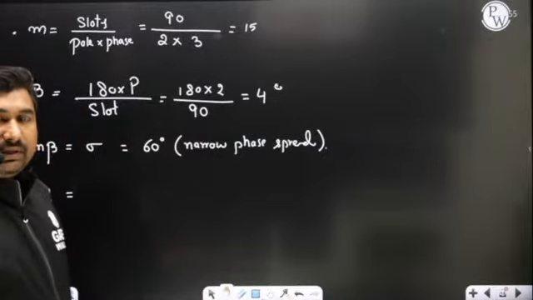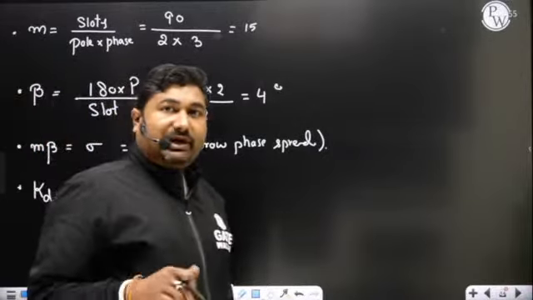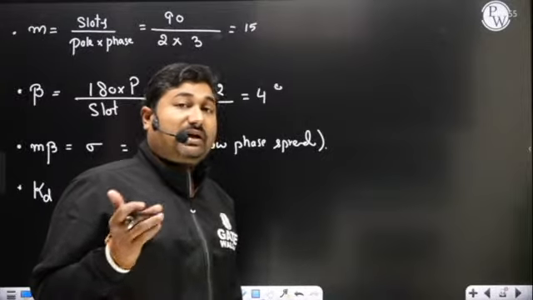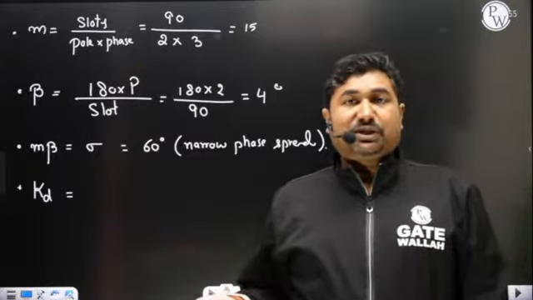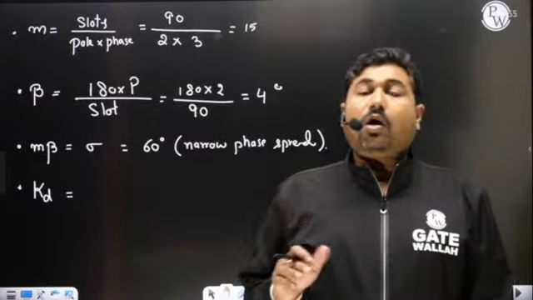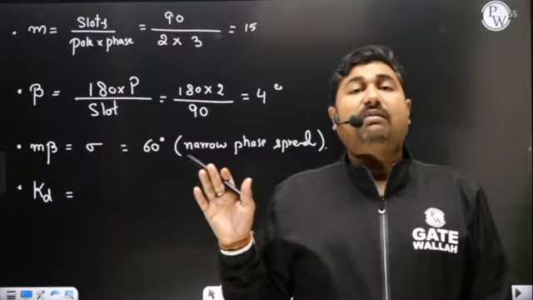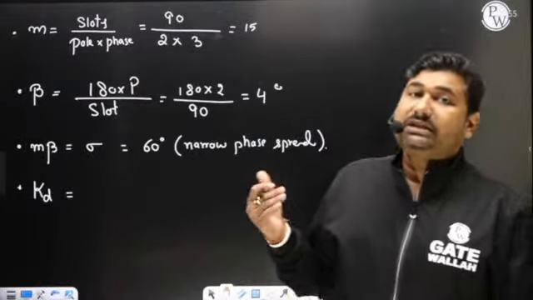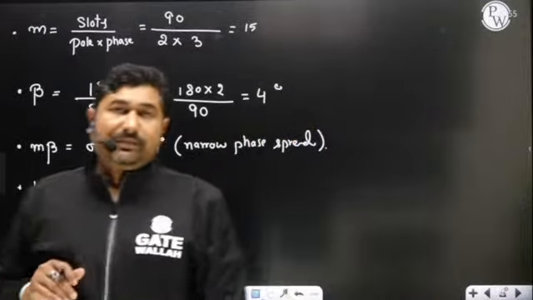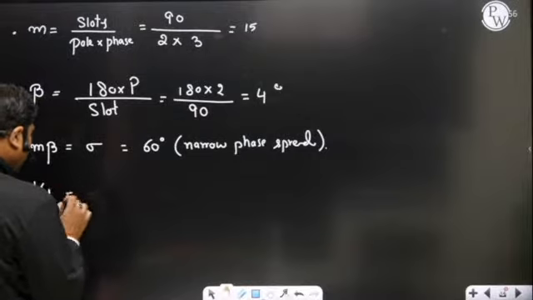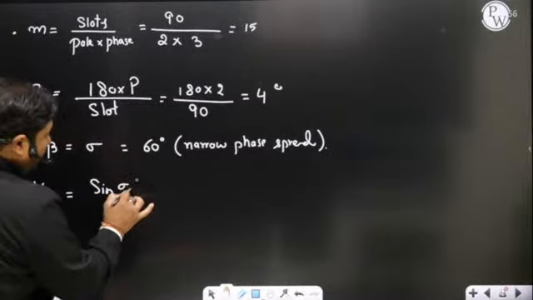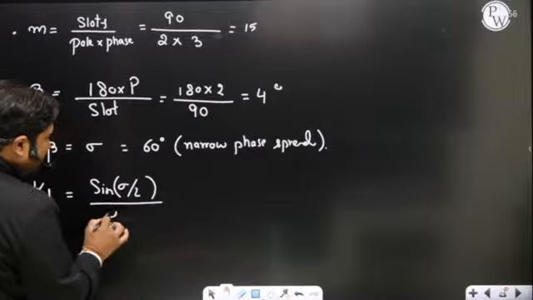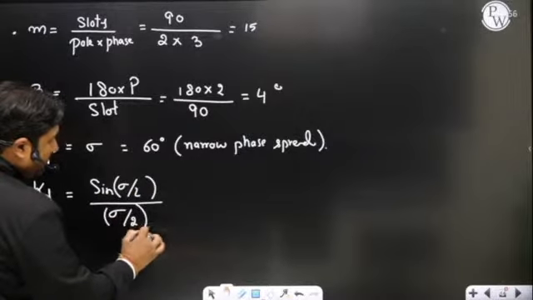It may be 60, it may be 120. 120 is preferable because for a wide phase spread, that is 120 degree phase spread of a 3-phase machine, all the third harmonic components of the generated voltage are going to be eliminated.